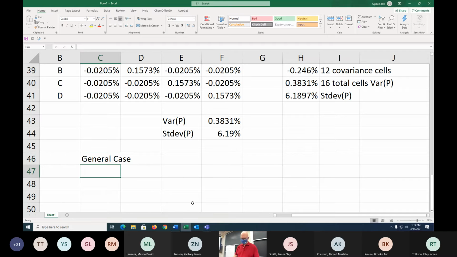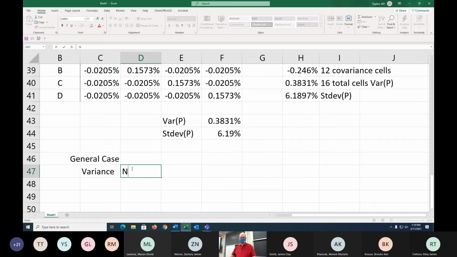How many variance cells do we have in general? I have a 100 stock portfolio. How many variance cells do I have? 100. We had 4 stocks here. We had 4 variance cells, didn't we? So what's in general? Can we just call that N? Okay, so that's capital N.